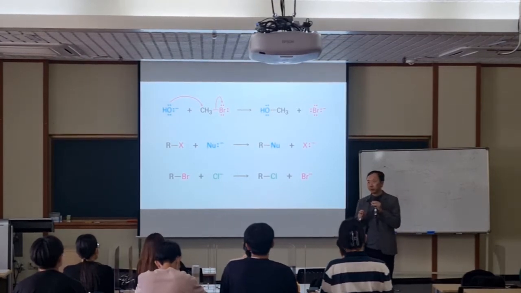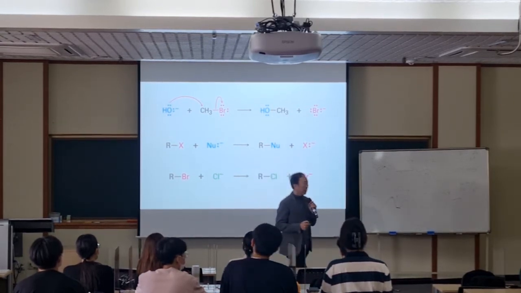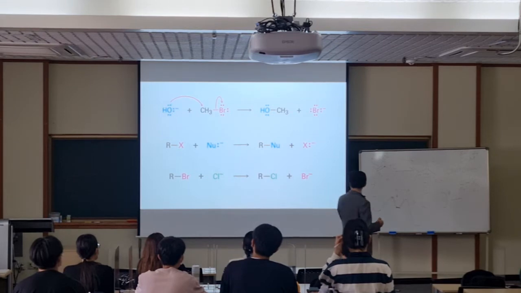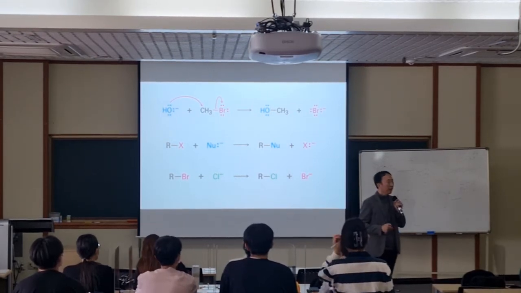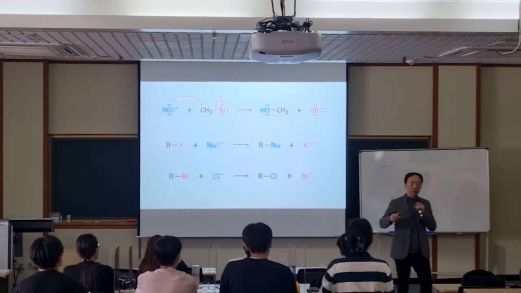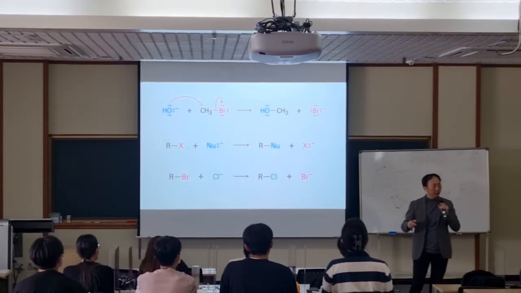Is it the reactivity of OH minus and those halides? Nucleophilicity-wise, among halides chloro, bromo, iodide, which one is more reactive?